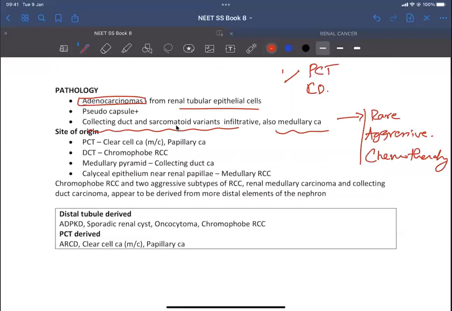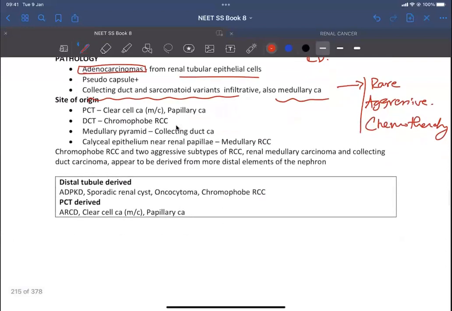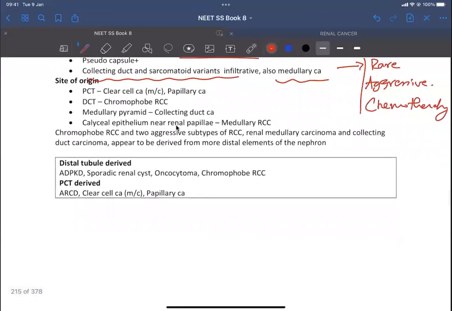RCCs, for the most part, are resistant to chemotherapy because of several mechanisms that are not very relevant for you. But collecting duct carcinomas, sarcomatoid variants, and medullary carcinomas do respond to chemotherapy.